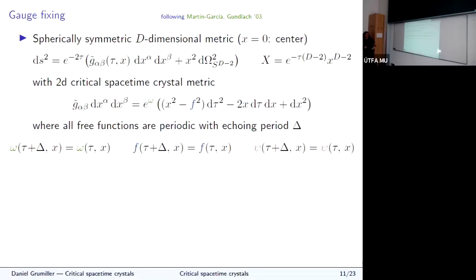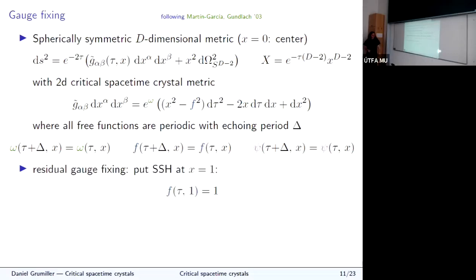An essential part of the geometry is captured by this function f, which takes the value x squared at the self-similarity horizon, so that this factor here vanishes. Otherwise, it's different from x squared. And all these functions and the scalar field are periodic with period Δ. That's my assumption of discrete self-similarity.